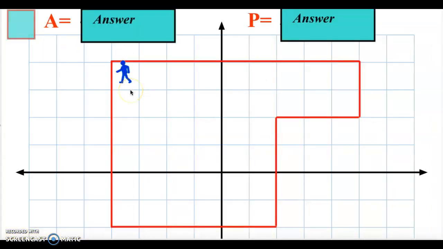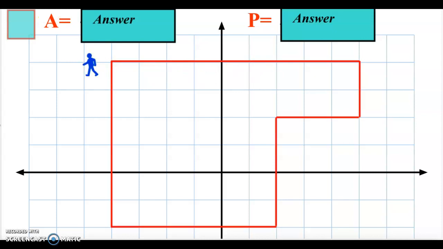I also want to take the time to talk to you about a figure like this for a minute, because if you look at this figure, in order to find the area of this, this is an irregular shape. It's actually called a composite figure because you can break it up into different polygons.